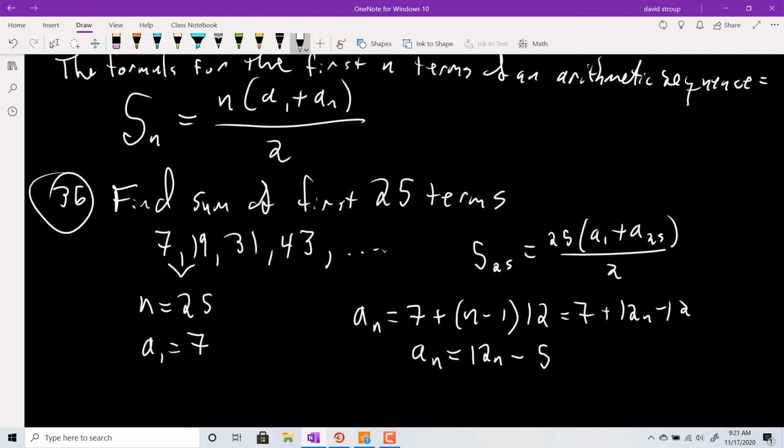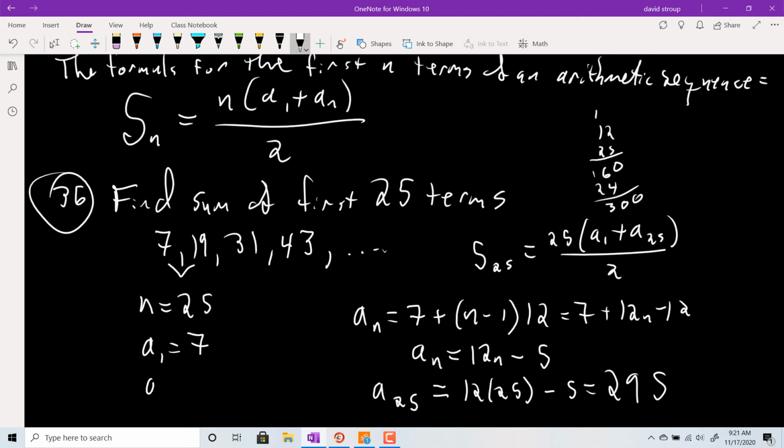That will allow me to figure out a sub 25. A sub 25 is going to be 12 times 25 minus 5. Let's see what that was. 12 times 25 is 300, minus 5 is 295. Great. So a sub 25 is 295.